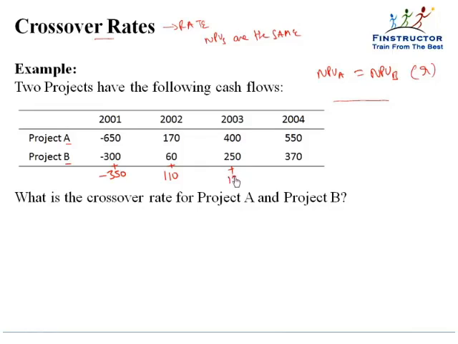Plus $150 in year 3, or rather 2003, and another $180 in 2004.